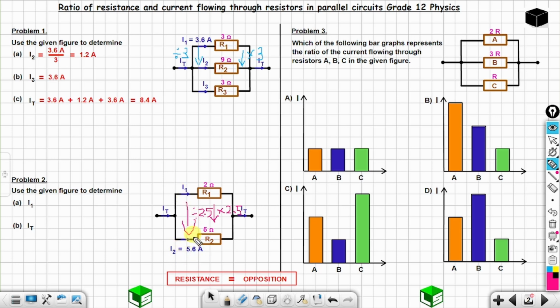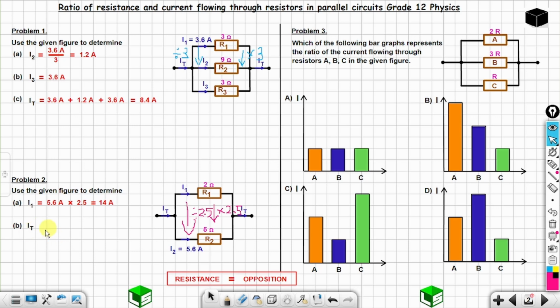So to get I1, you have to multiply the two values. I1 is equal to 5.6 times 2.5. You are going to have 14 amperes. So 14 divided by 2.5, you are going to have 5.6.